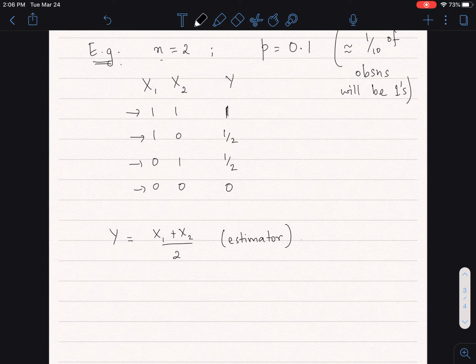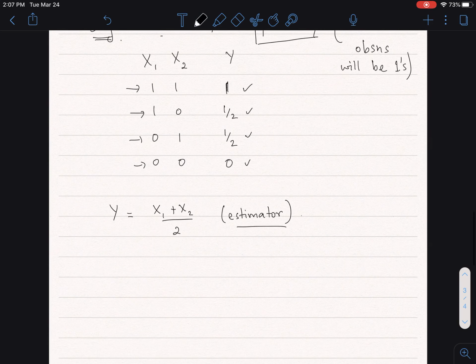And if you think about it, these are all the possible outputs that your estimator can produce. Note that the true p, which is 0.1, is not one of these values. So the possible outputs are 1, half, and 0.